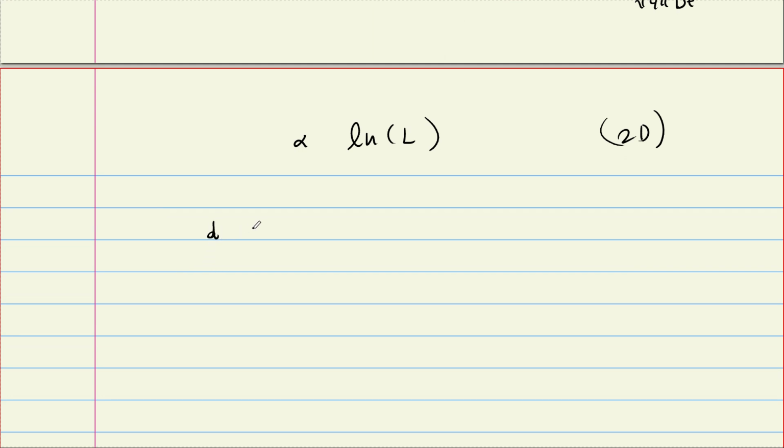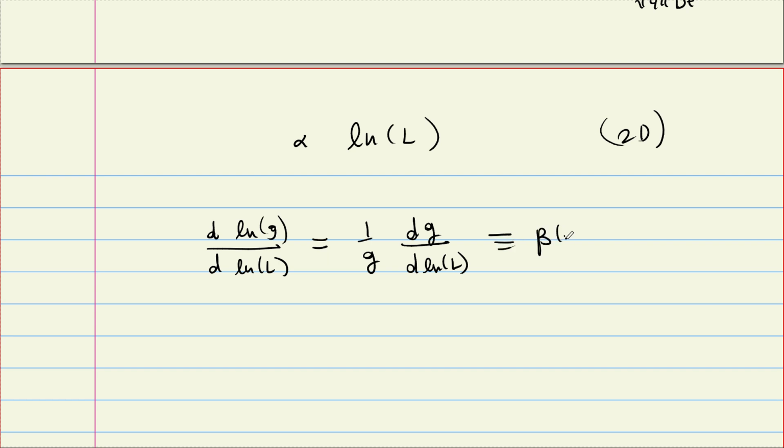So d ln g divided by d ln L is equal to, now I want to write it in terms of g because this is a correction to g, so I write it like 1 over g dg d ln L, and this is equivalent to the beta function.